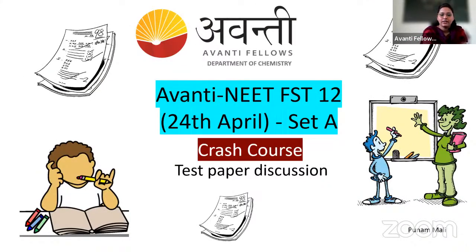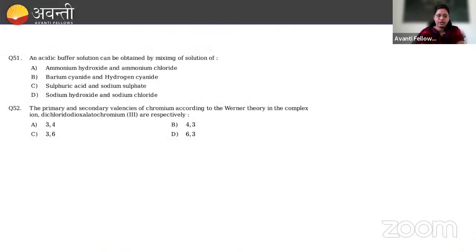So let's begin. The first question here is, which acidic buffer solution can be obtained by mixing of a solution of. So here by mixing we need to obtain which type of solution? Acidic buffer solution.